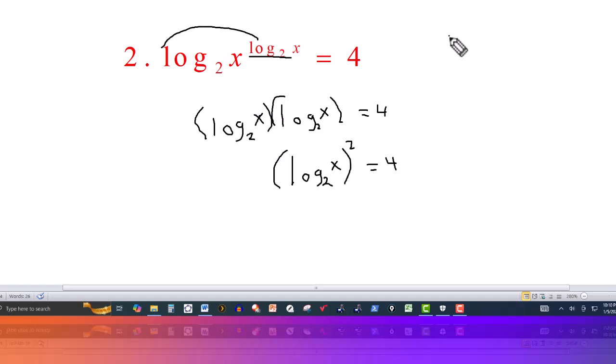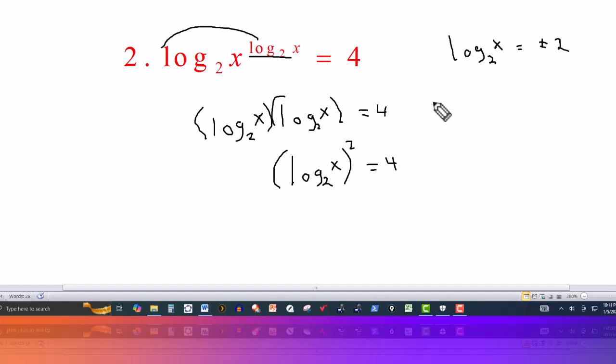So first we solve for the log, and then we're going to solve for x. It would be the log of x to base 2. We take the square root of both sides here. The square root of the log squared is just the log of x to base 2 on the right side. Because we want the complete solution, we take the square root plus or minus 2.